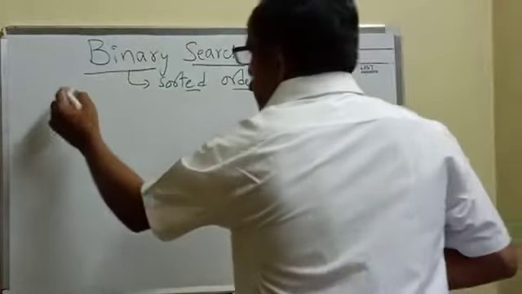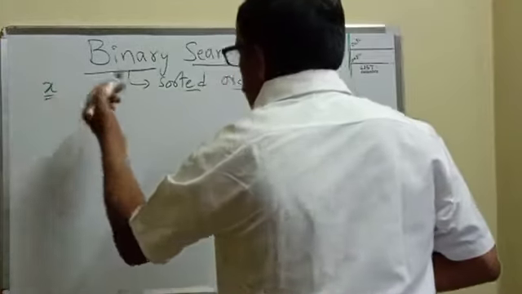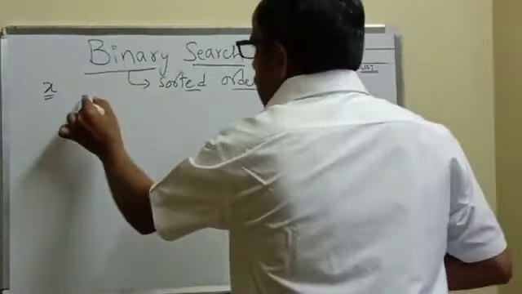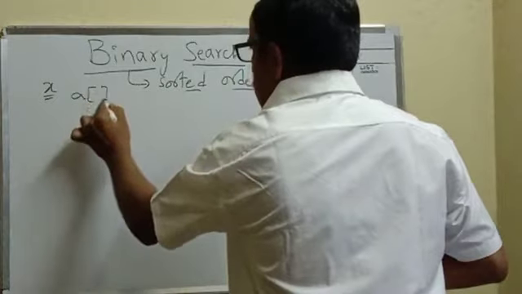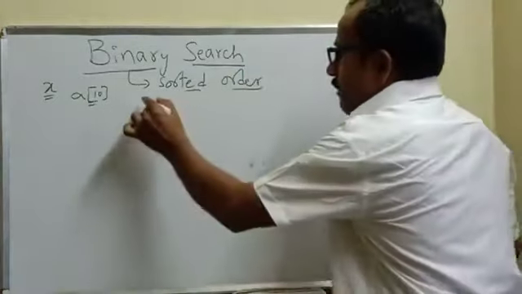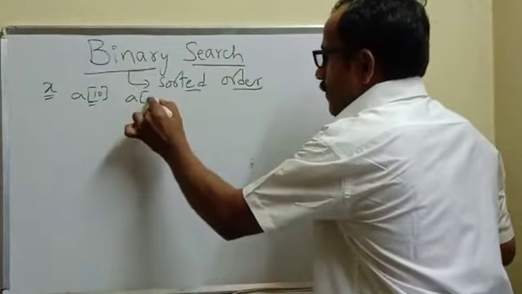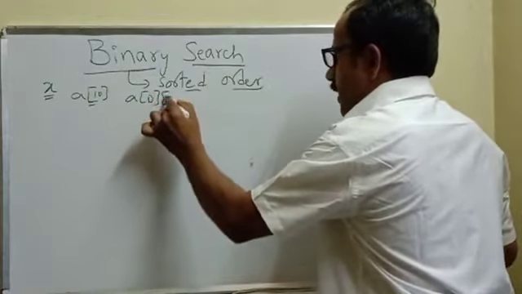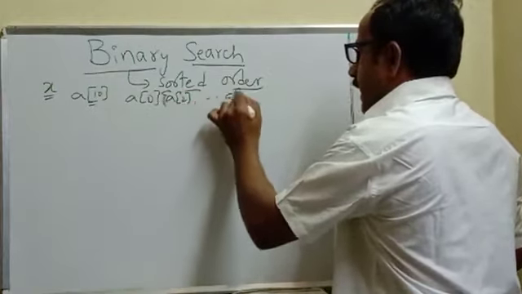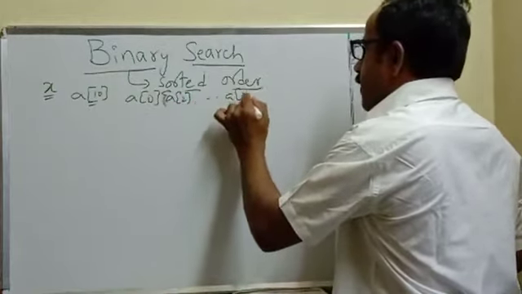Suppose you want to search for an element x, so x is the searching element from the given array. Suppose one array is there, an array with 10 elements or 20 elements. Generally, the array elements can be represented as A of 0, A of 1, A of 2, and so on, A of 9 if you start with 0.